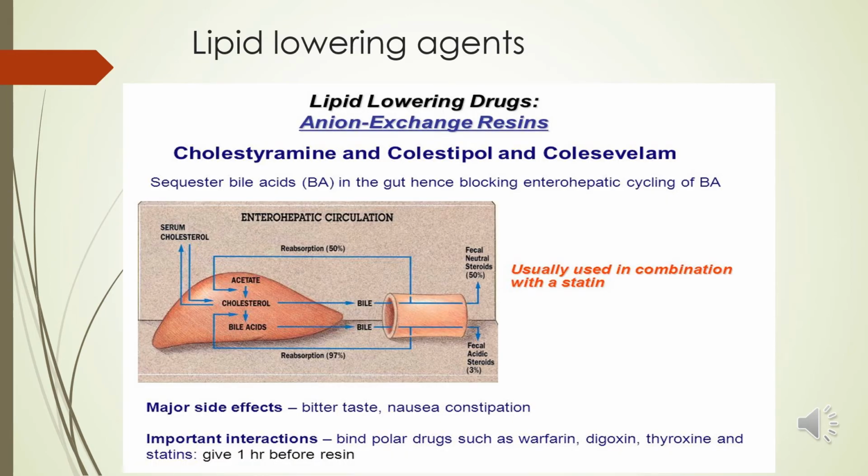The bile acid sequestering agents are used in combination with other drugs, which are the statins, and statins are hydroxymethylglutarate CoA reductase inhibitors. They reduce activity of the reductase, which is a regulatory enzyme for cholesterol synthesis, and this gives better results in treatment.